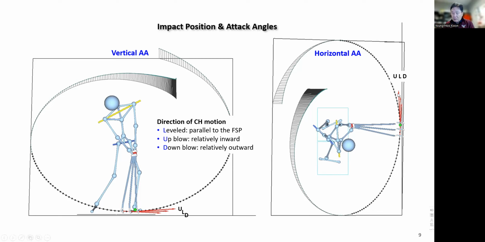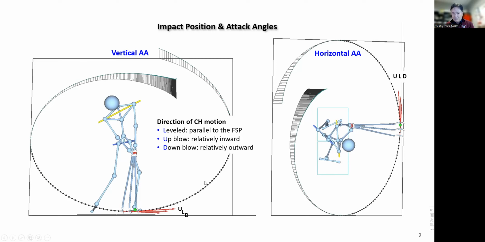So if it's an up blow, then the horizontal attack angle shows a more inward direction relative to the swing plane. So if you want to match this to the target direction, then you have to shift the swing plane more outward. That's why we see the tendency of a more outward swing plane in the driver condition.